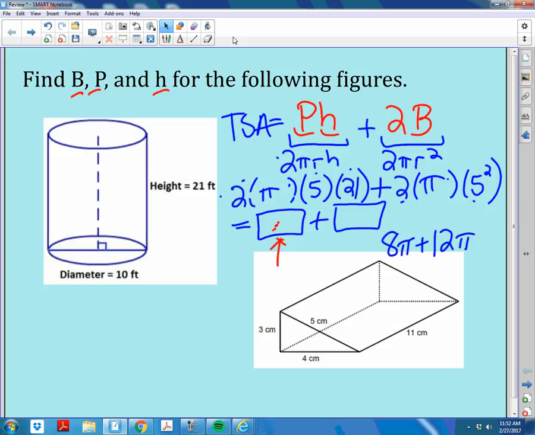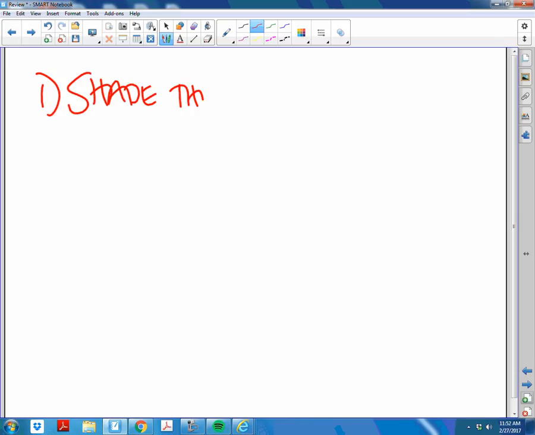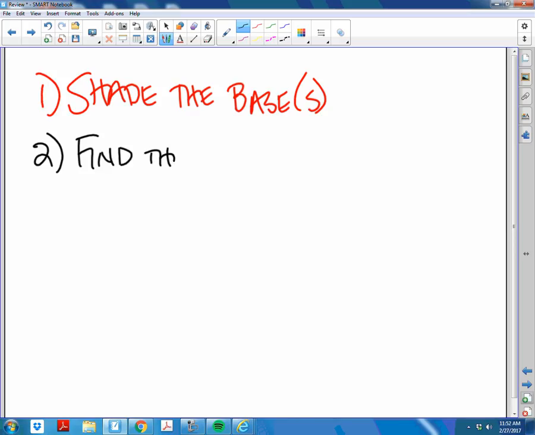So let's go over the steps that I want to see just one more time, so there's no misperception. The very first thing you do is shade the base or the bases. Step 1 every time. Step 2, find the formula you need and write it down.